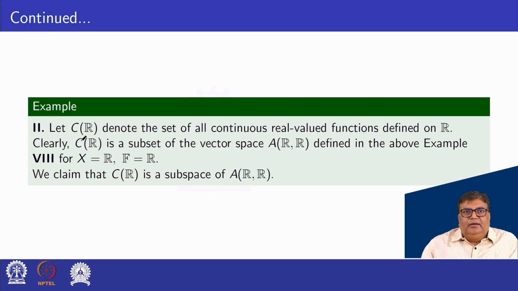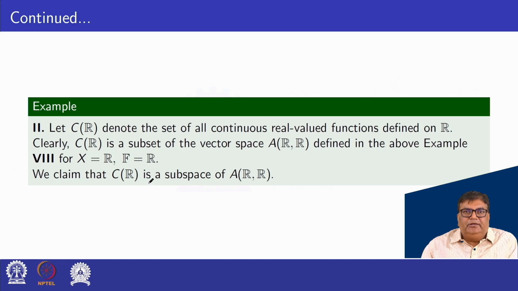Next example. Let C(R) denote the set of all continuous real valued functions defined on R. Clearly, C(R) is a subset of the vector space A(R, R), which is defined in the above example 8 for X equal to R, F equal to R here.